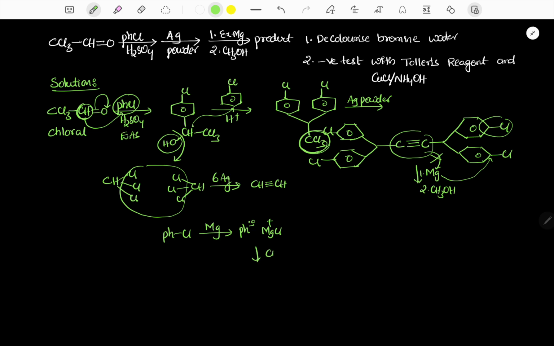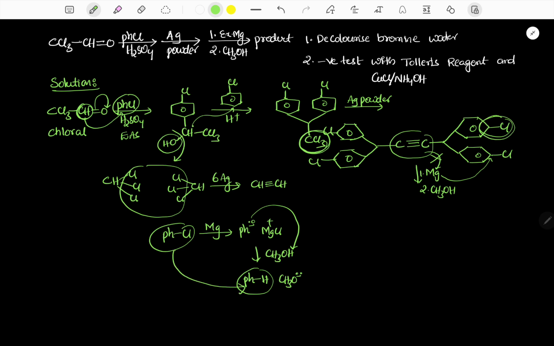Now it reacts with methanol. So Ph minus attracts the proton from methanol and forms the corresponding benzene plus methoxide. With a Grignard reagent, we always have to see the acid base reaction first. So the chlorobenzene is converted to benzene.